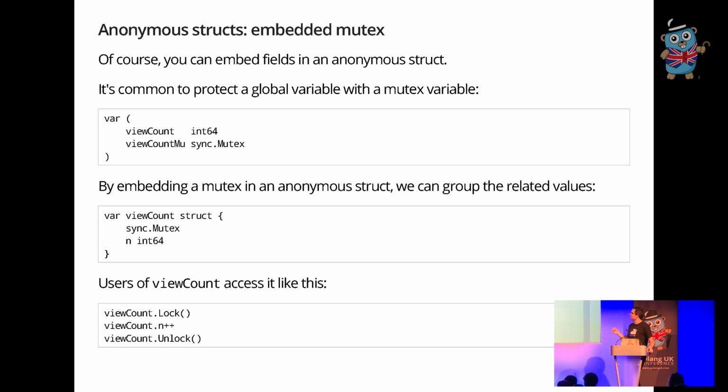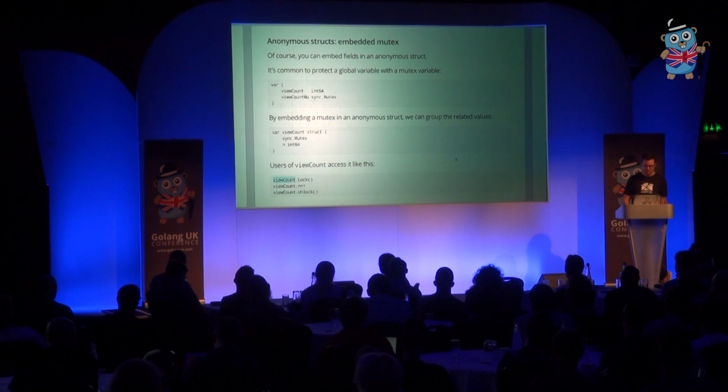But if you embed that mutex in an anonymous struct, you get one single name in your global namespace, view count. And it's clear from a documentation standpoint that the mutex protects those fields. And when you use it, you're only accessing this one name, view count, which is a much cleaner little thing.